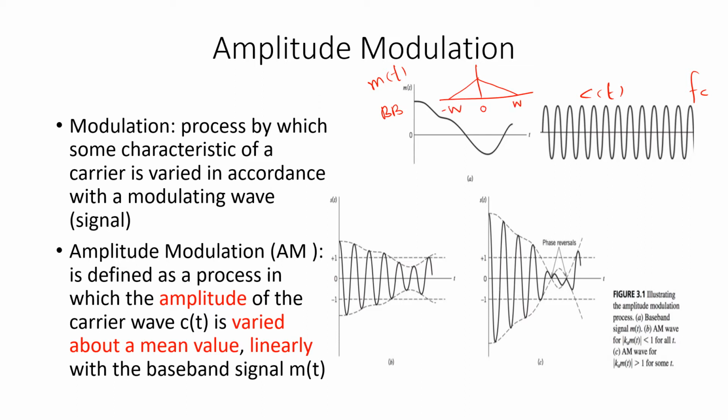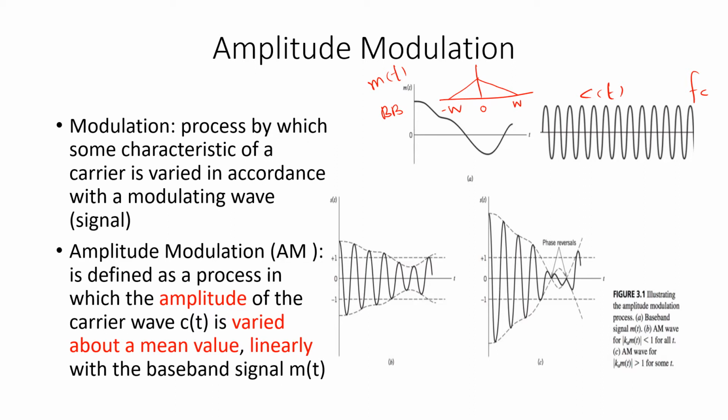The spectrum will have both positive and negative frequency contents. About the negative frequency contents and those aspects, we will discuss in detail later. But for now, please accept that the baseband information signal spectrum will look like this, with a maximum frequency component of W hertz starting from 0 hertz.